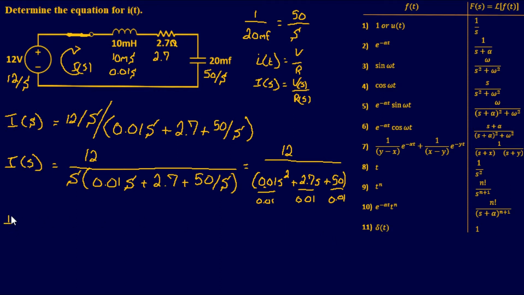So it's going to come out to be your current equals 12 over, and this is going to be 0.01 times, so what I'm doing is isolating the 0.01. So it's going to be S squared plus, now 2.7 divided by 0.01 should give you 270 S plus, and then 50 divided by 0.01 should give you 5,000, or in this case, 5 kilo.